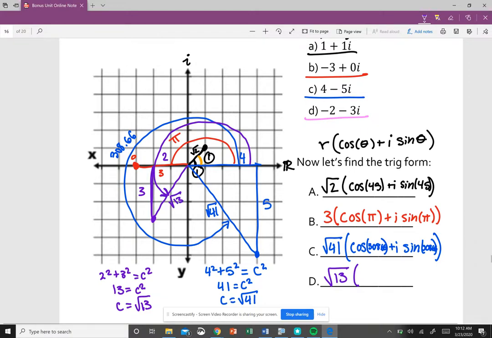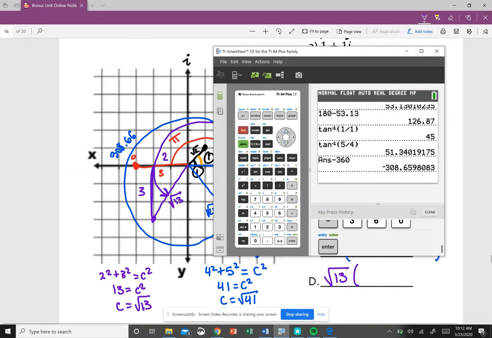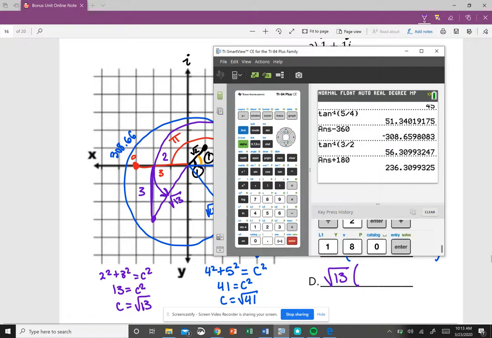So now I'm going to do inverse tangent of 3 over 2, because it's always opposite over adjacent. And I get that. Now remember, I need to add that to 180 because it's past the line of 180.